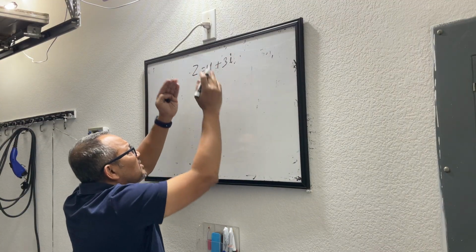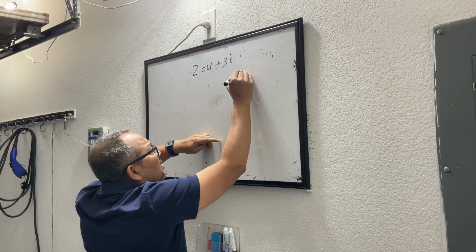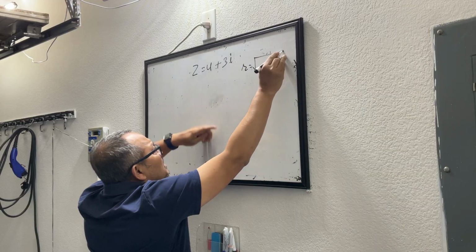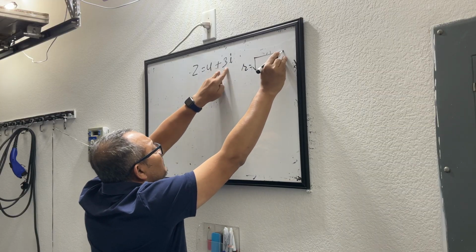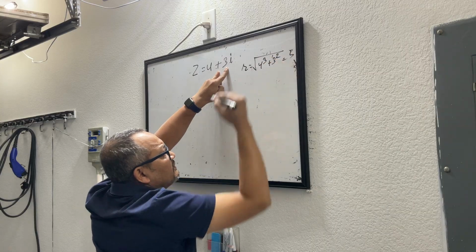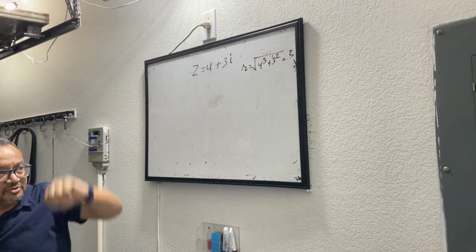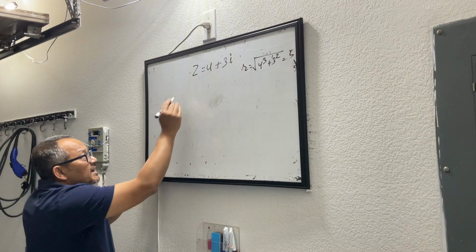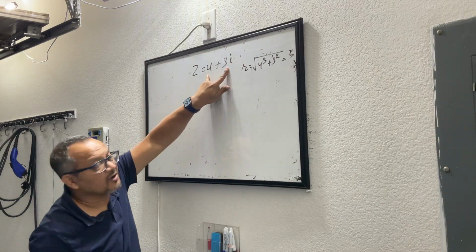What is the absolute length of this complex number? Nothing but r, which is the square root of the squares of these two, which is nothing but 5. Okay, you got your magnitude. Now I can rewrite this, this is my rectangular form.